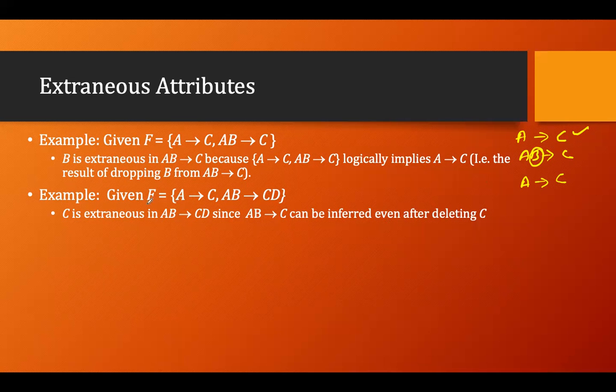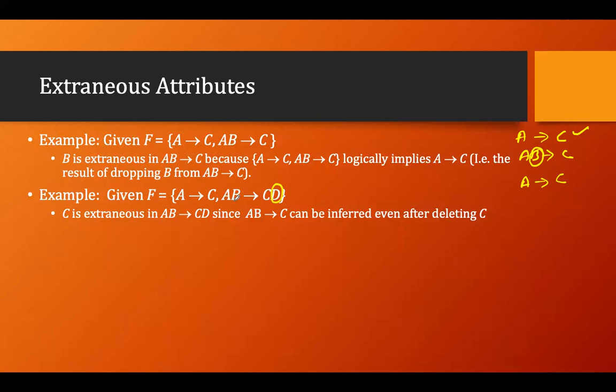In the same way, if we see this example, A determines C, AB determines CD. Now C is extra in AB determines CD, since AB determines C can be inferred even after deleting C. Here a particular D is extra, because A determines C already.